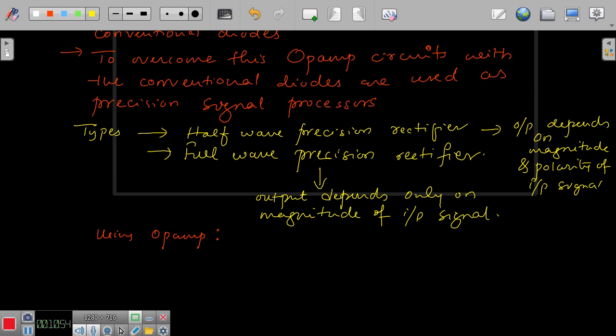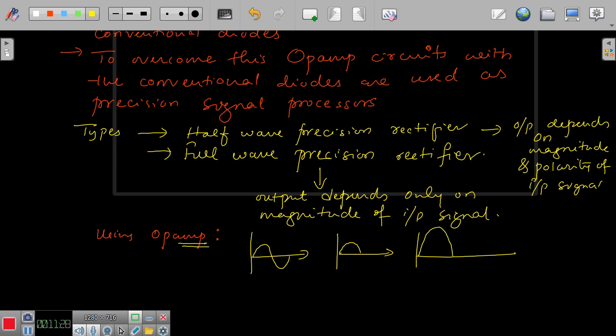When you have a 0.5 volts AC signal, you can convert it into a 0.5 volts DC signal, but you can also have an amplification. Suppose I have an input signal something like this, and assume it is a half wave rectifier. Your output will be this much. At the same time, your output can be this much also, because you are using the operational amplifier here.